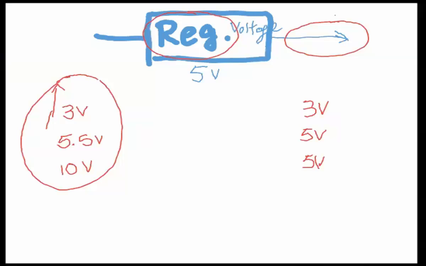If the input is, for example, 3 volts, you see that it's not going to give you 5 volts. It's not an amplifier, it's just a regulator. It's not going to make the signal bigger. But if the signal is bigger, then it will regulate it. So anything higher than 5 volts in this case you will be back to the 5 volts. So that's what the operation of a regulator is.